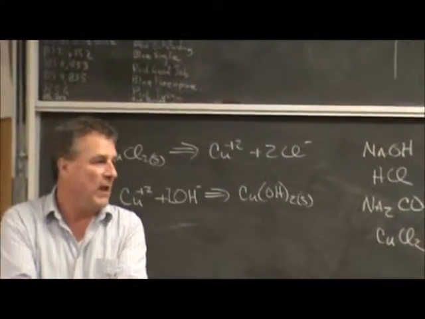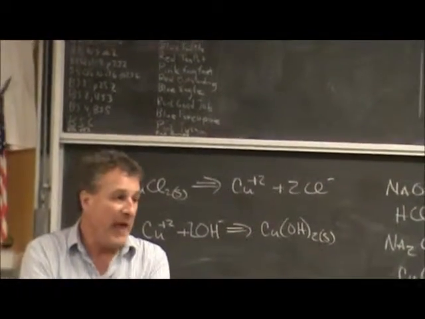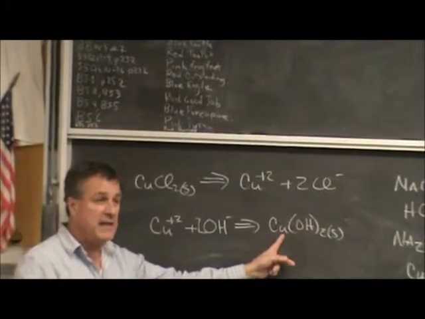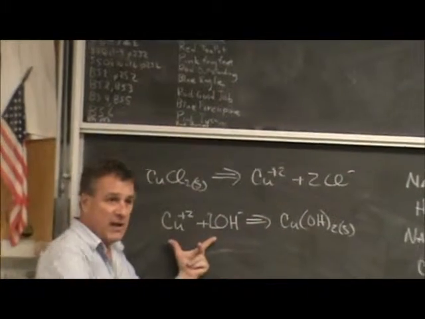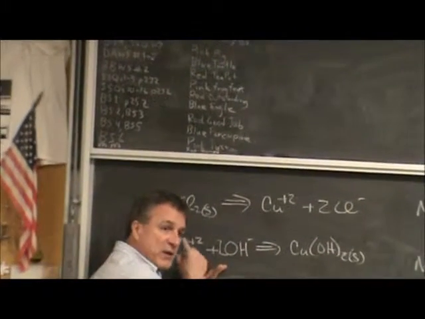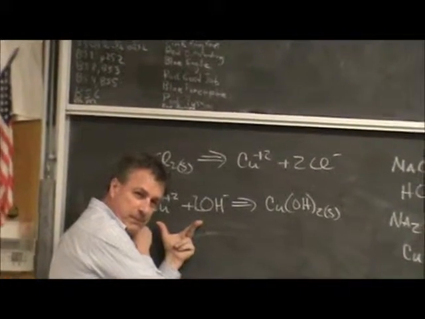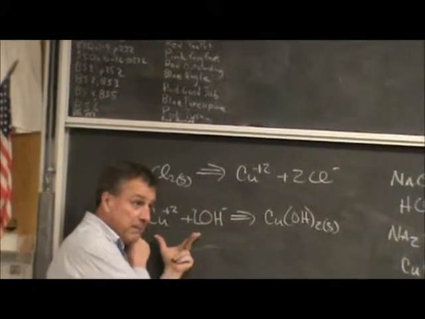Well, maybe we will and maybe we won't. It depends on how much we add. But the fact that copper 2 hydroxide is insoluble tells us that copper 2 ions have a very strong attraction for hydroxide ions, doesn't it? Right?